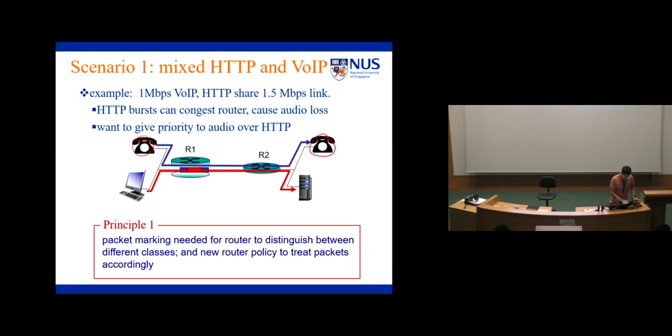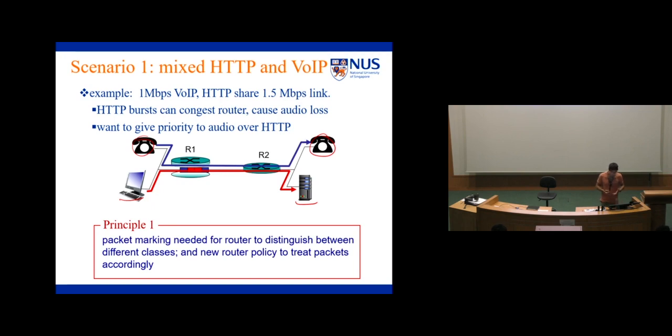And for the other pair, one of them being the client, one of them being the server, the client is sending HTTP requests and downloading some web objects from the server. This can typically happen in the internet. The same router can serve both a client-server HTTP application and a voice over IP application. So ideally, we want to give priority to the voice over IP application, right? Because probably the web browsing does not have any urgency.